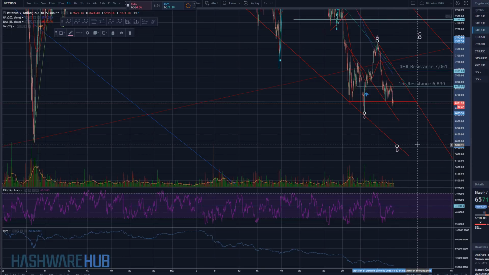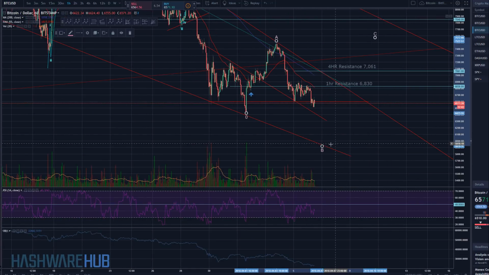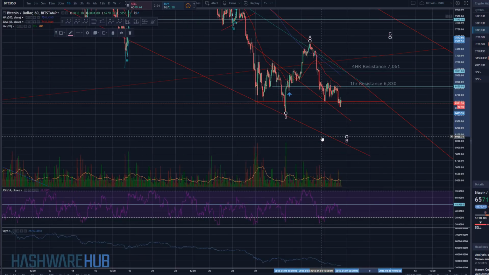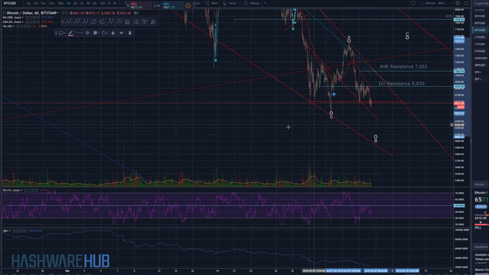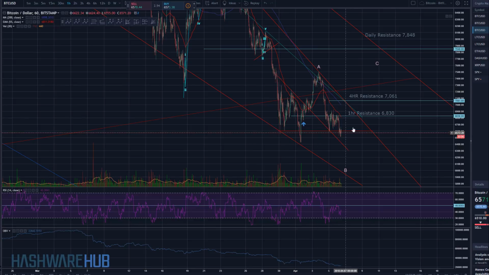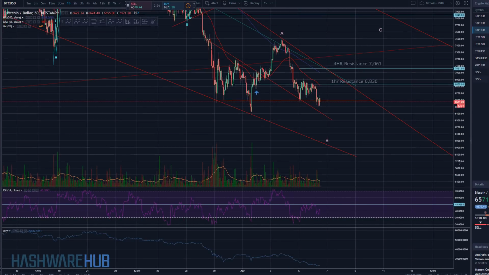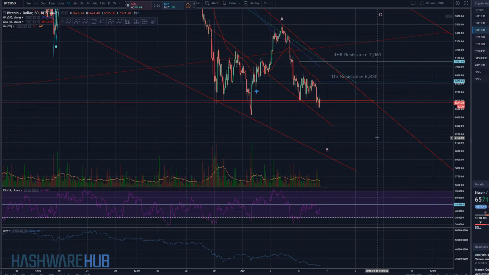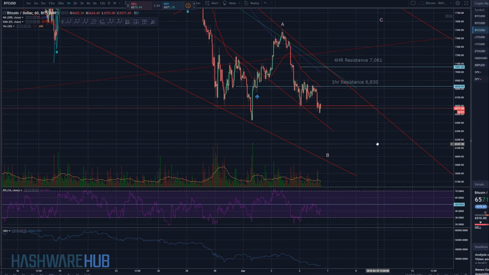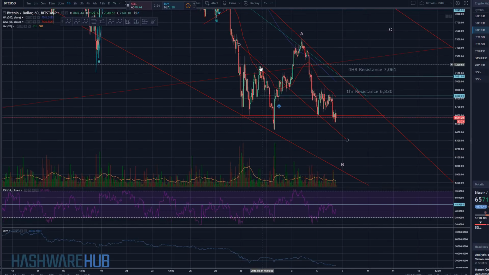That brings us down to about that 5,900 level, and things start getting pretty scary down there again, right? I think that's why we're starting to see a lot of sideways momentum. You see it here, you see it here, because if we start breaching these levels, well, it just doesn't look so good.